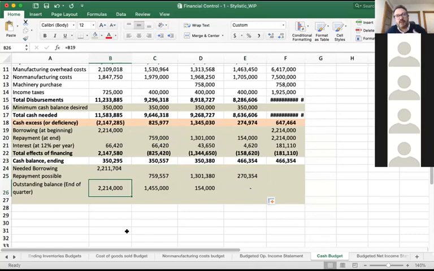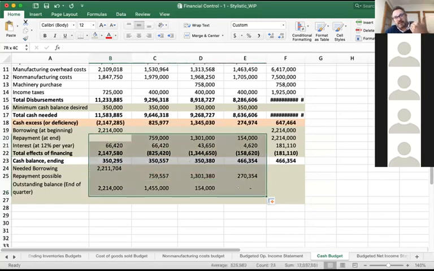And maybe the bank will be less stressed out to lend us this money if we present this very careful and very detailed cash budget, where we can show the bank that according to our forecasts, the short-term borrowings will be finished by the end of the year 2021. Okay, so maybe it's helpful to get a better rate and so on.